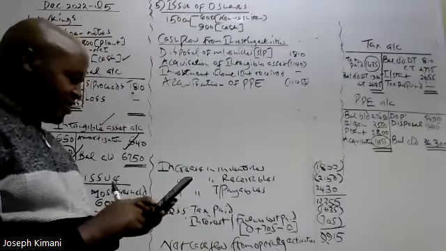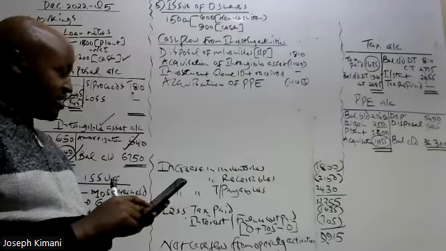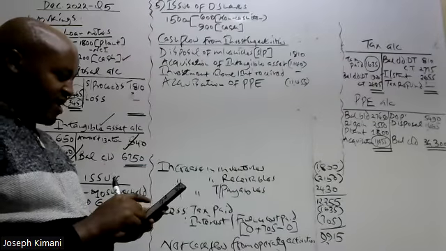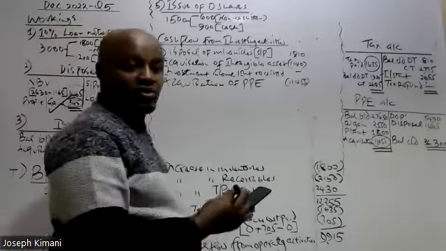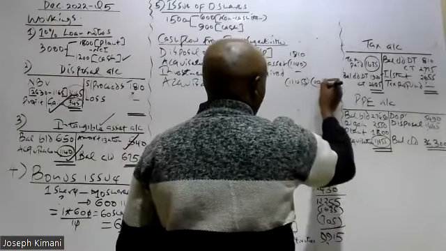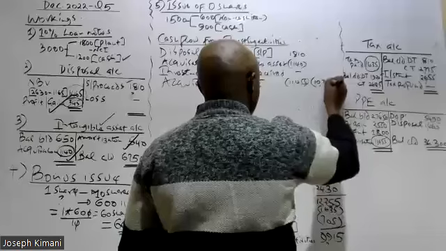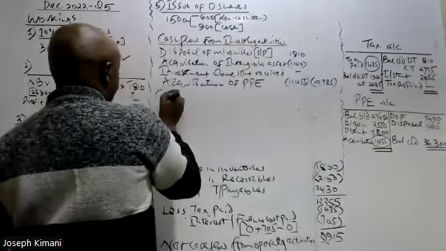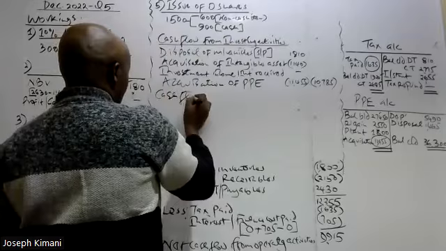We have 1810 minus 1140 minus 11,455. I'm getting a net cash outflow of 10,785.